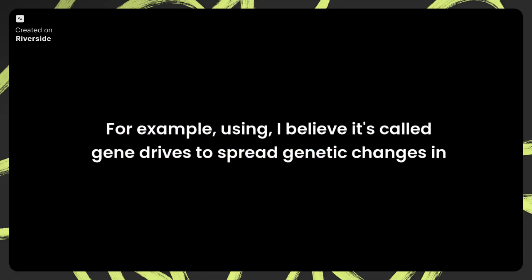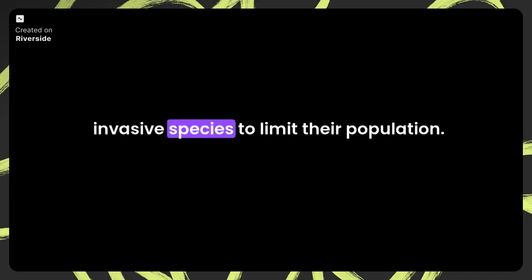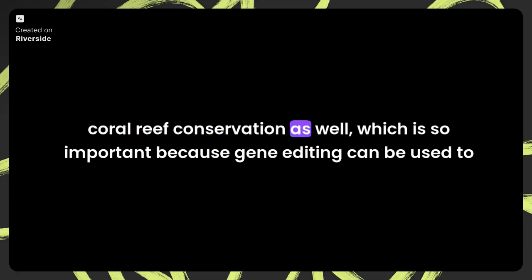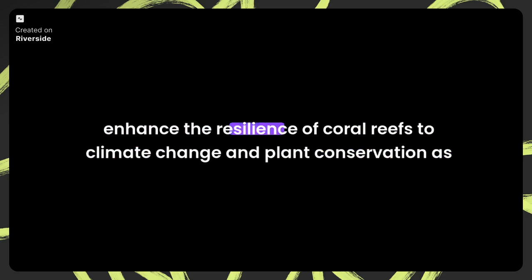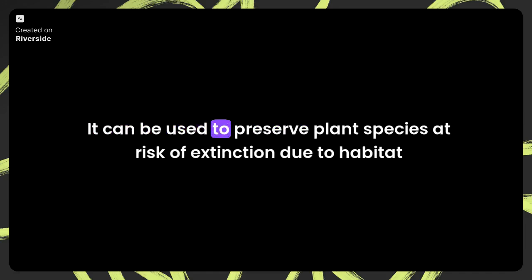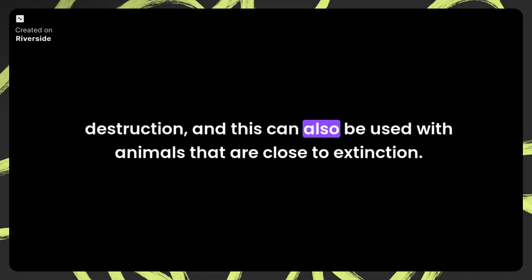For example, using, I believe it's called gene drives, to spread genetic changes in invasive species to limit their population. Coral reef conservation as well, which is so important because gene editing can be used to enhance the resilience of coral reefs to climate change, and plant conservation as well. It can be used to preserve plant species at risk of extinction due to habitat destruction, and this can also be used with animals that are close to extinction.